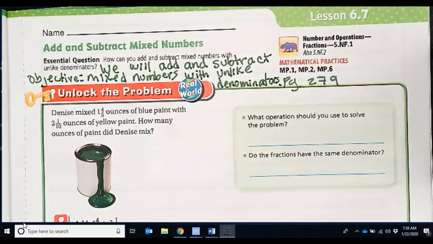Okay, so make sure you write that down. We will add and subtract mixed numbers with unlike denominators.